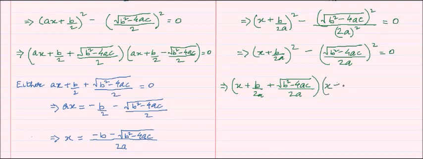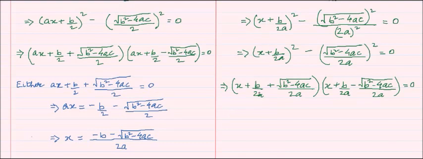So it is x plus b by 2a minus under root b square minus 4ac by 2a is equal to 0. Okay.